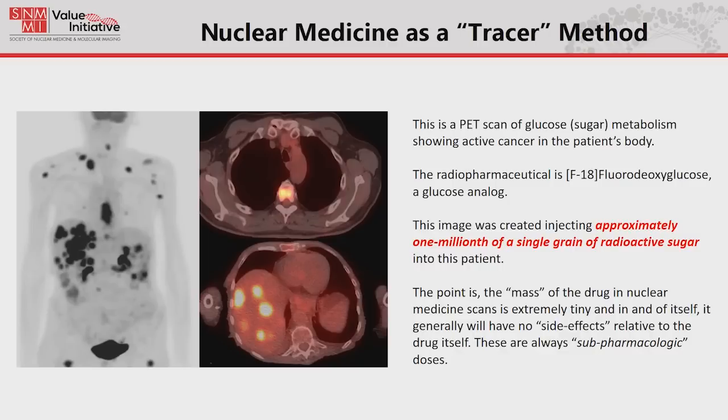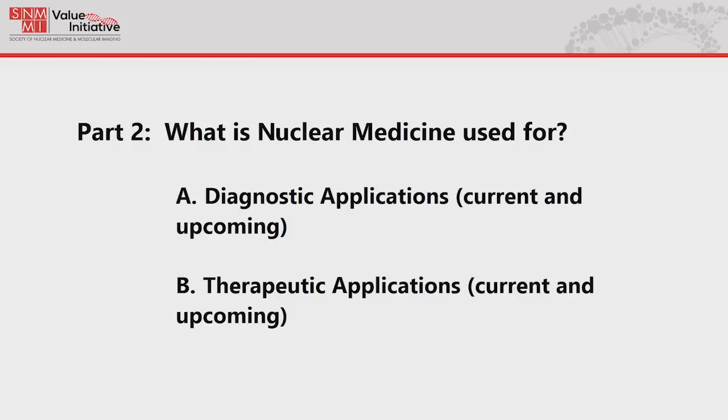That doesn't mean we don't have to worry about the radiation dose. You might get a bruise at the injection site. But the drug itself, the mass is so small, we really don't worry about that too much. FDA makes us check it, but they realize these are really low-risk drugs from that standpoint. It's not like you're giving a therapeutic drug. For these diagnostics, the mass is really small.